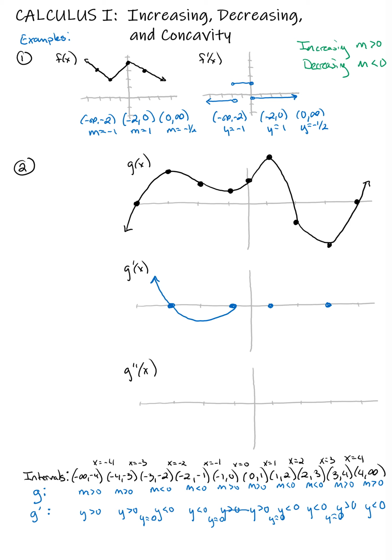I'm back to positive, back here to positive. On the next interval, from negative 1 all the way up to positive 1, I stay positive.